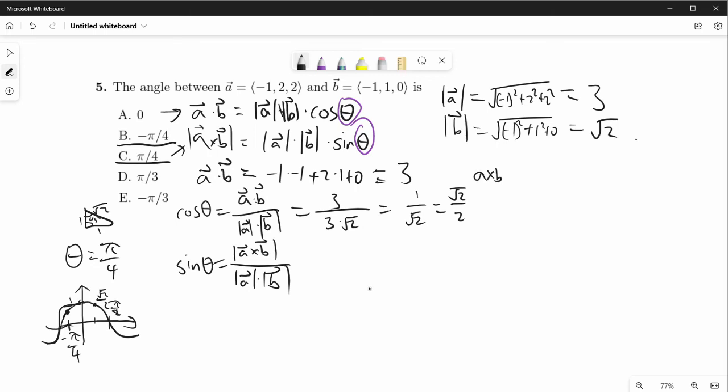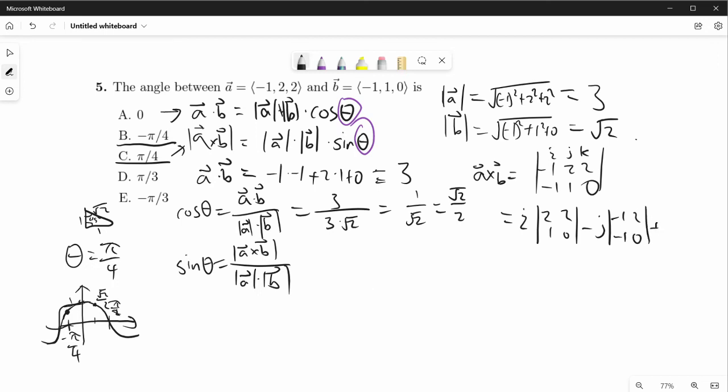So A cross B, let's just do A cross B. We have I, J, K, and the rows. You know what, the first column: I of 2, 2, 1, 0, minus J of -1, 2, -1, 0, plus K of -1, 2, -1, 1.